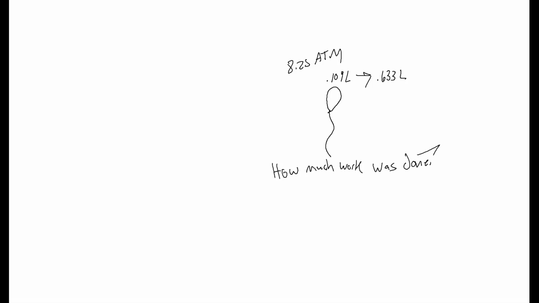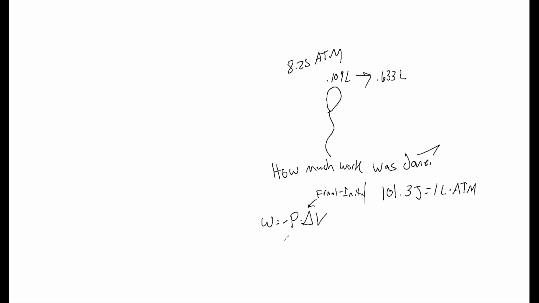All right, and the conversion factor we need for this is 101.3 joules equals 1 liter atmosphere. And the equation to calculate work when you are changing volume against an external pressure is equal to negative the pressure that you're pushing against multiplied by the change in volume, which is delta V. Remember when we see delta, that's final minus initial.